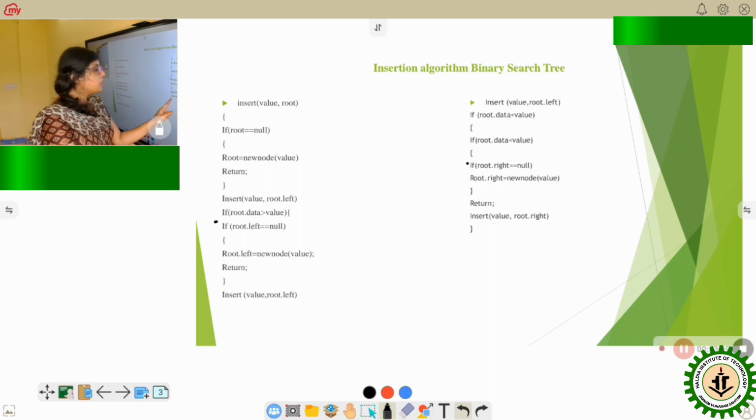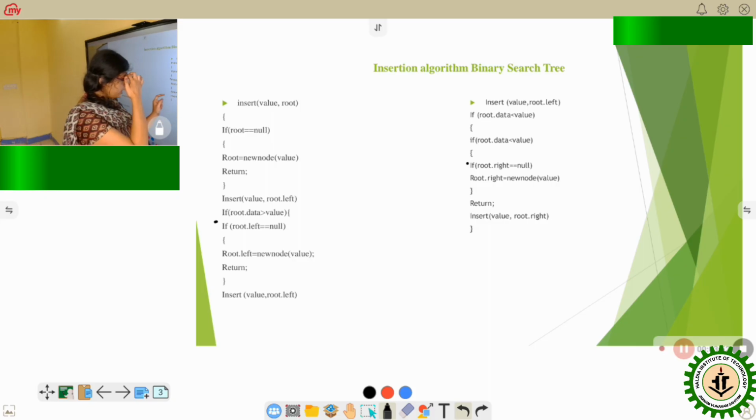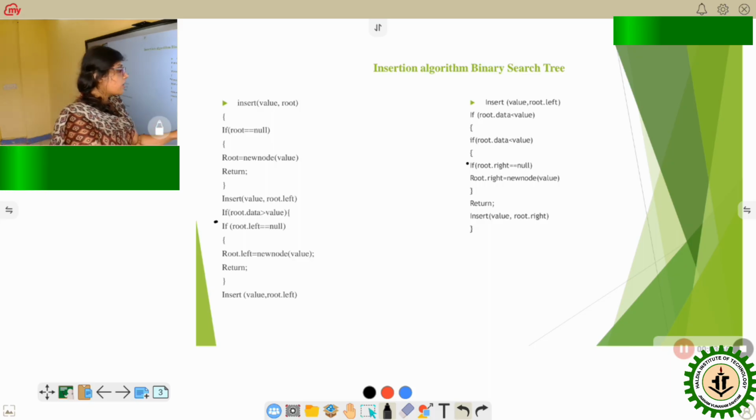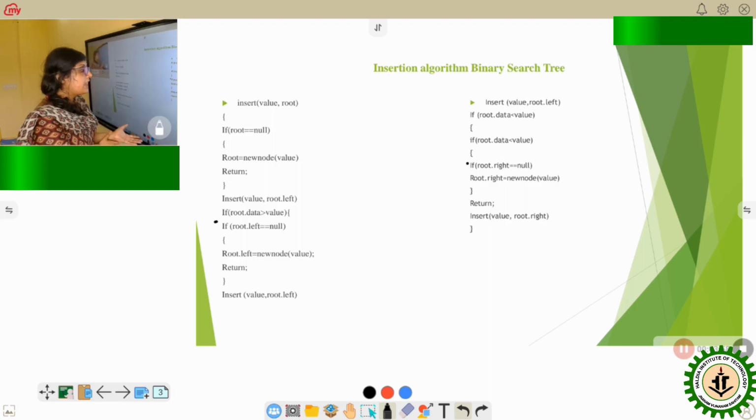Root.right is equal to new node value. We have again written the function insert value root.right so that it can be called again and again for repeating this step. In this manner, we can insert values within the binary search tree in the left subtree and in the right subtree.